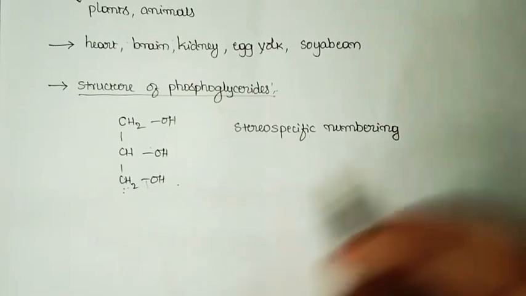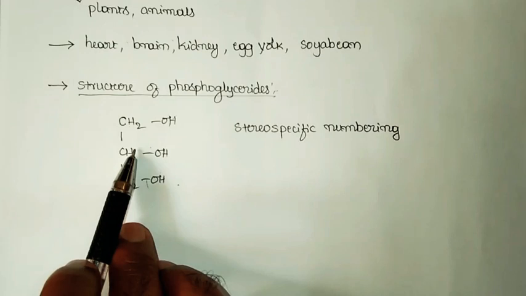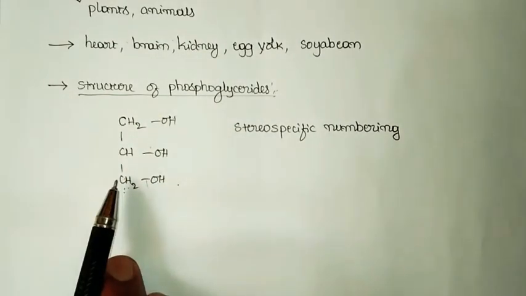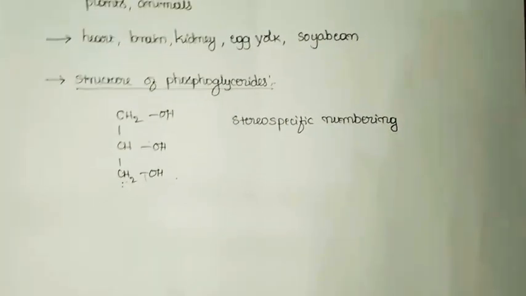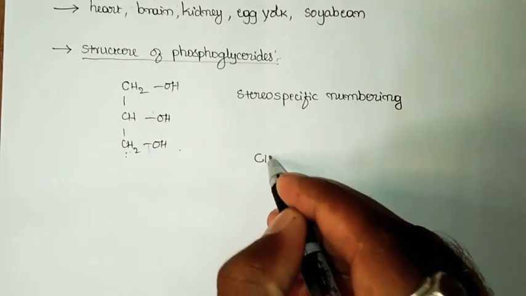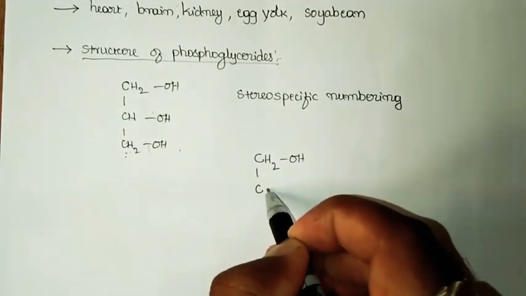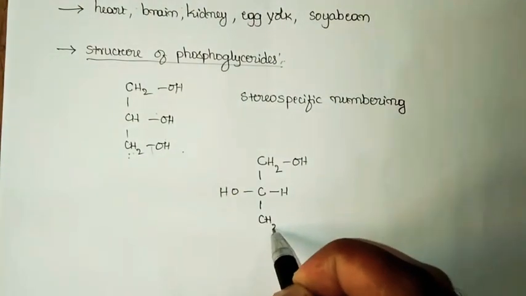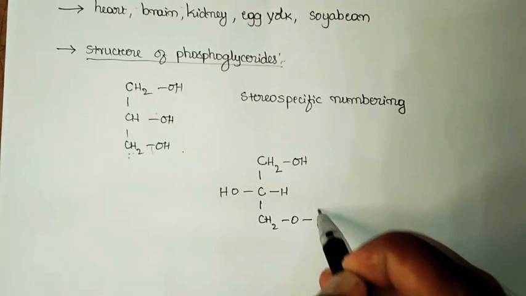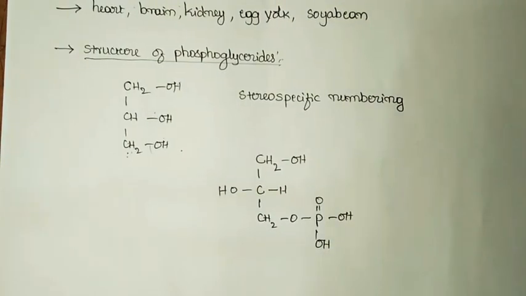Stereospecific numbering system. We write the Fischer projection of this molecule by keeping the OH group on the left-hand side. So we write: CH2OH, CHOH, CH2O-P(=O)(OH)OH, and this is the phosphorylated glycerol molecule.